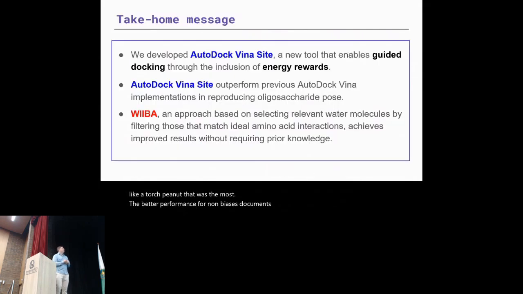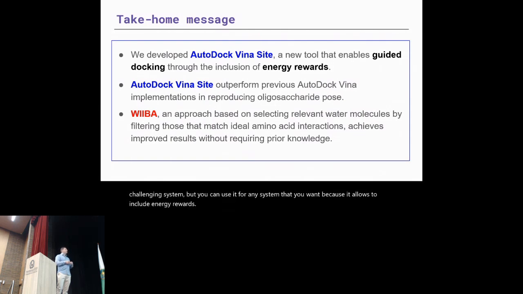So as a conclusion, we developed this AutoDock Vina Site. This is not only for glycans. We chose just glycans because they are a challenging system, but you can use it for any system that you want, because it allows including energy rewards.